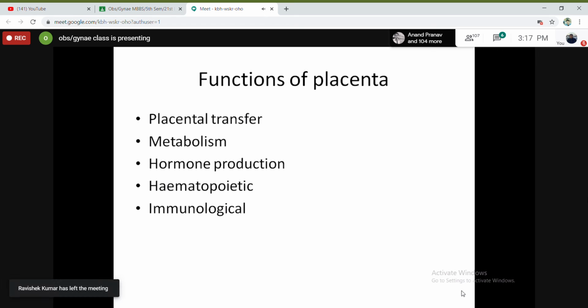So this is the important part for all of you, the function of the placenta. The placenta is basically for the transfer of various nutrients and gases, for metabolism, for hormone production, for the production of blood cells, and it also has an immunological function.